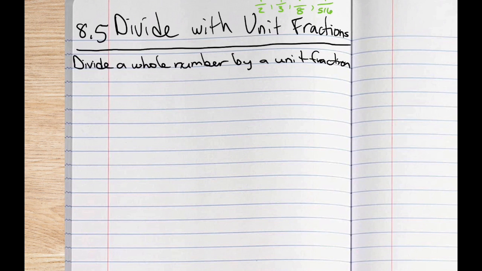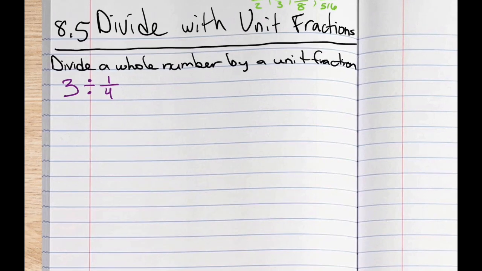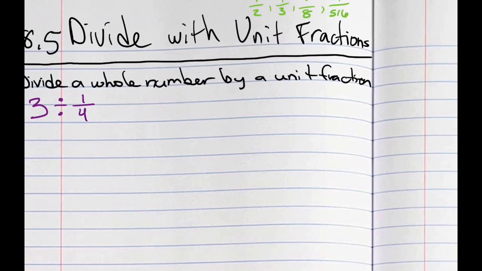All right, so to understand this skill, let's start with an example problem. That'll help us be able to process what it means to divide by a unit fraction. So let's do this division problem. 3 divided by 1/4. I'm just going to zoom in here a little. All right, so when we do 3 divided by 1/4, let's talk about what that means.